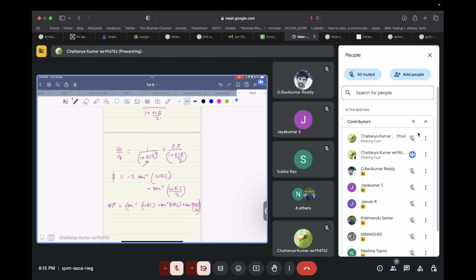Can anyone help me write this summation of tan inverse? Come on, guys, this is basic trigonometry. Can anyone help me with that?